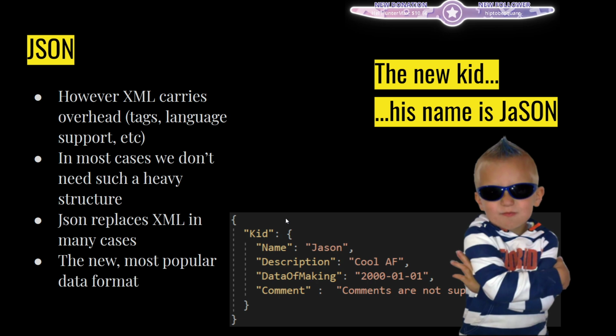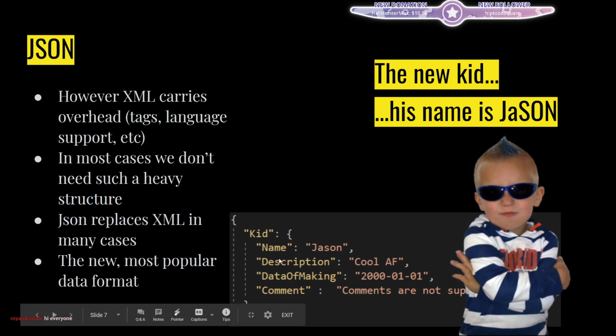So basically, you have four data types in JSON: integers, floats, strings, and true false. This is basically the JSON format.